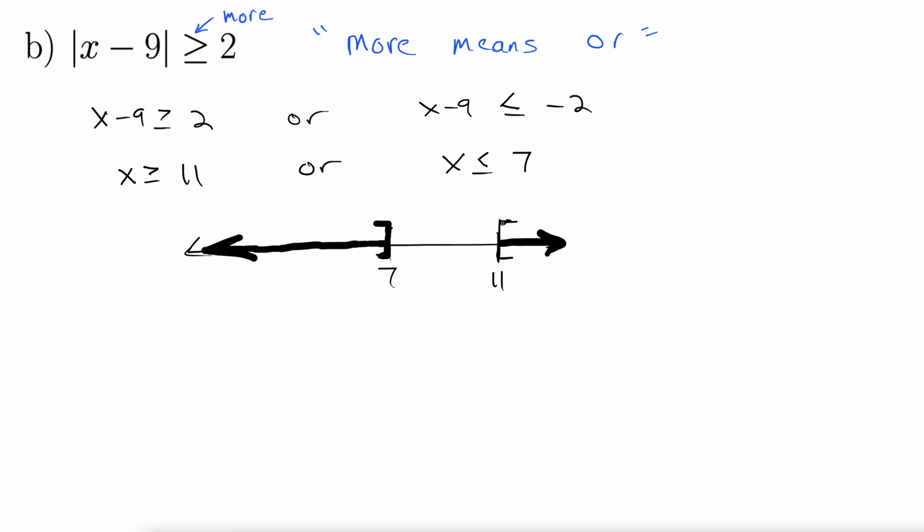If you don't like these hard brackets, you could also do it with a filled in circle. That works too. We are doing the bracket and the filled in circle because this is less than or equal to. That's what's changing here. So this is our graph notation.